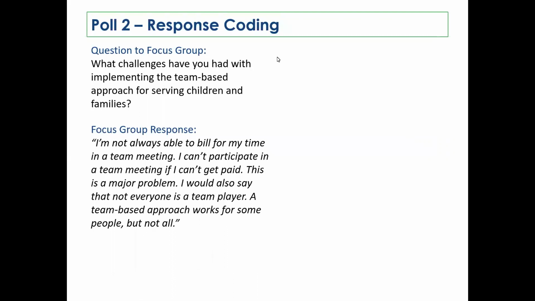This is a major problem. I would also say that not everyone is a team player. A team-based approach works for some people, but not all." So now use the poll to code this quote. And if you see a challenge that isn't represented in the first 5, you can use C6, which is other. So go ahead.